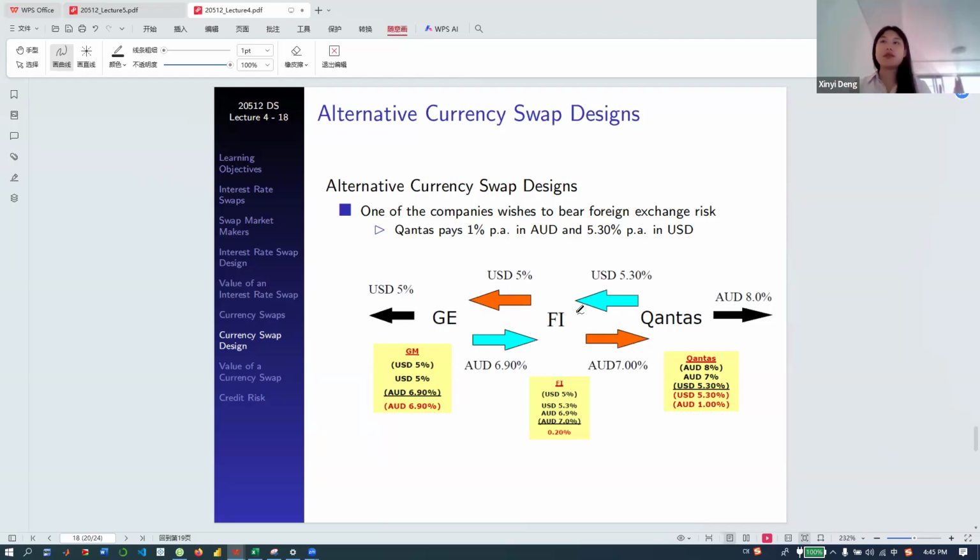So it doesn't really matter which design you use. But for these currency swap designs, since we are exchanging principals and we are exchanging interest payments, the swap design does matter. So let's take a look at this alternative design here.